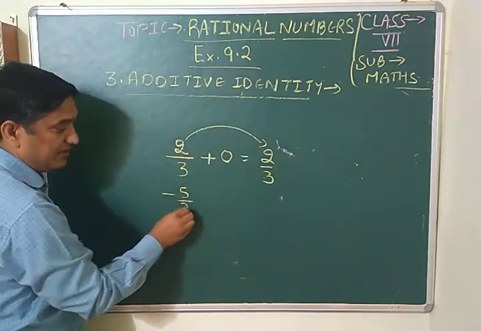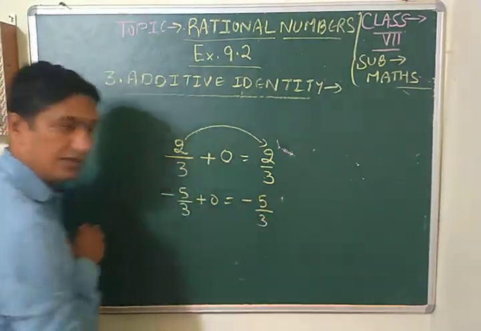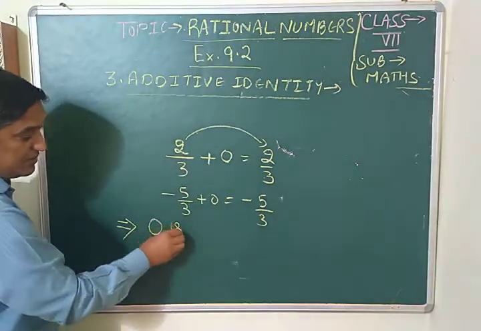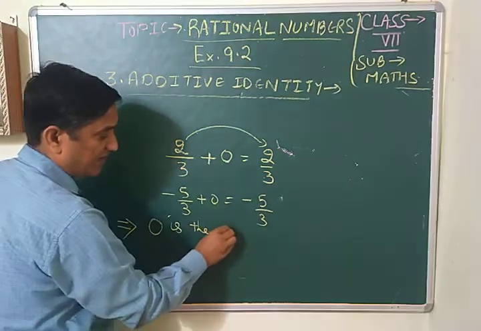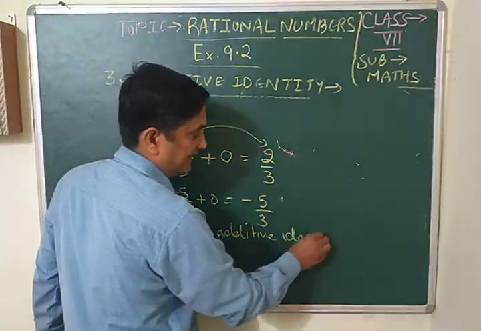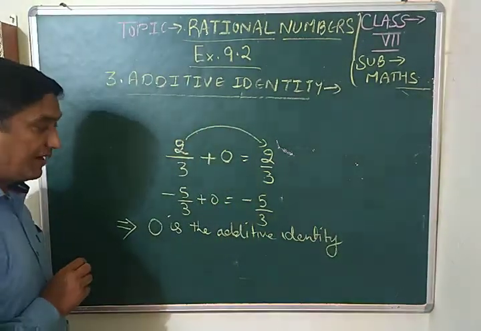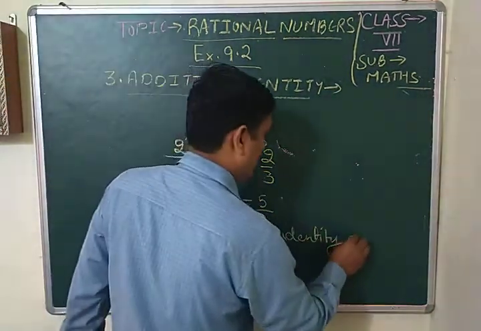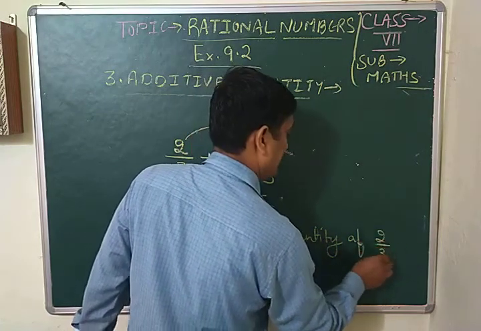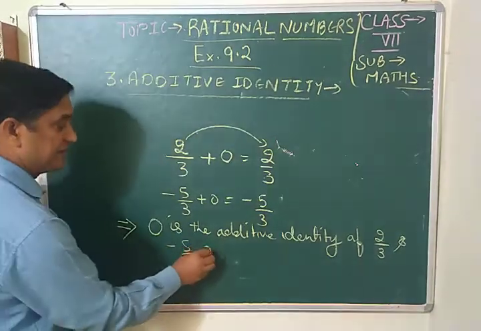Minus 5 by 3 plus 0, the answer is minus 5 by 3. It implies that 0 is the additive identity of 2 by 3 and minus 5 by 3 respectively.